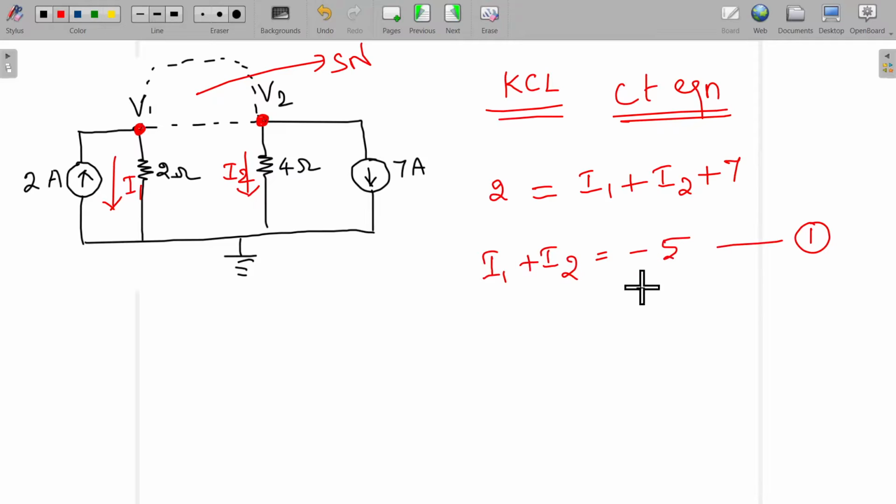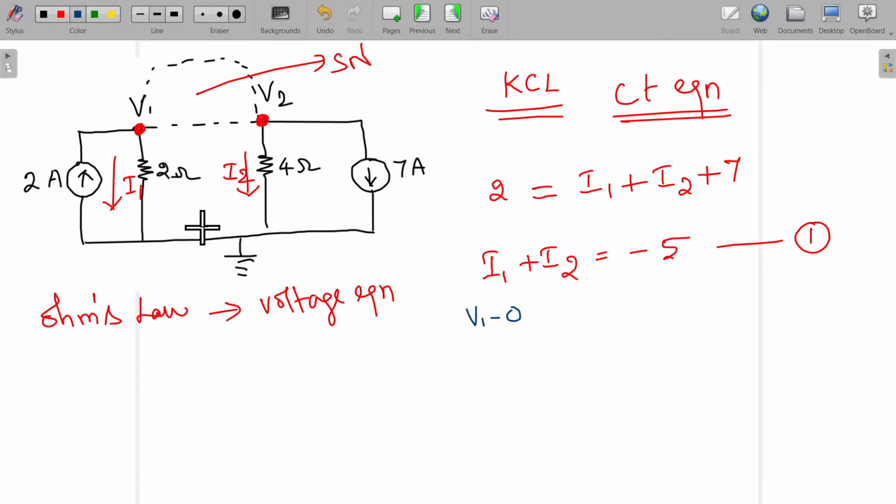Okay, after writing this current equation, we have to apply Ohm's law, right? Why do you apply Ohm's law? Because we want to convert this current equation into voltage equation. So this current I1 can be written as the potential difference V1 minus this 0, because this is your reference voltage 0 and this I1 current is flowing in this path.